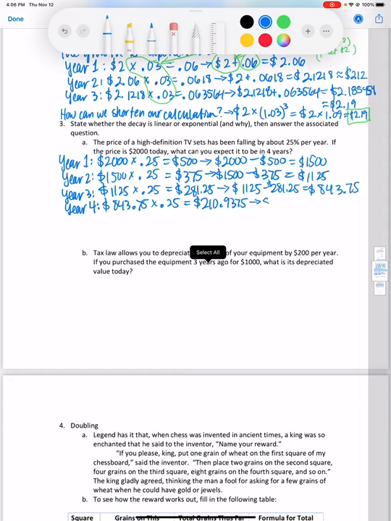Then we take our 843.75, subtract off the 210.9375, and we get 632.8125, which is about equal to 632.81.